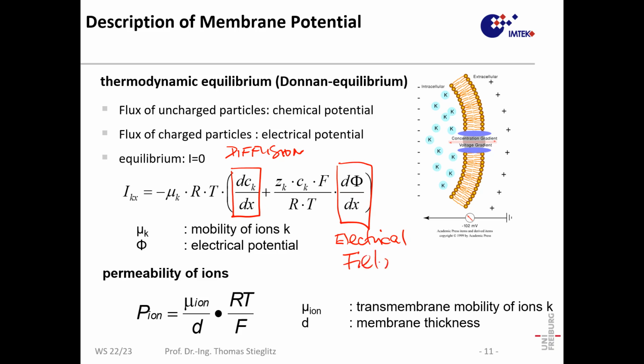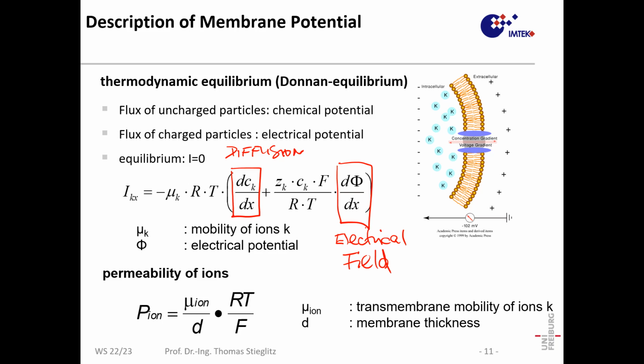And this is the derivative of the electrical potential over space. Yeah, that's the driving d phi over dx. That's the electrical field that drives charged particles over space.